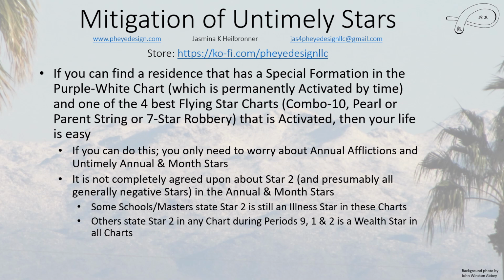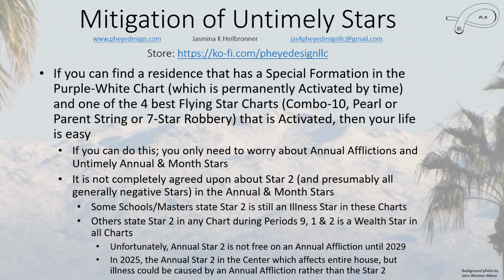However, unfortunately, we really haven't had a situation where we can test this definitively yet, but we will. So star 2 is not free of an annual affliction until 2029. So that's still a couple years away.